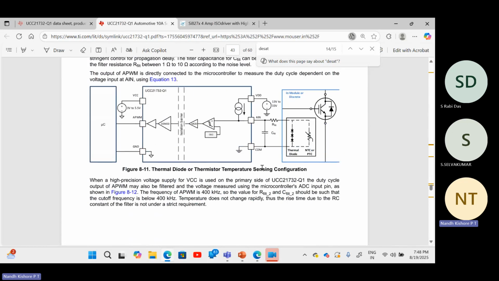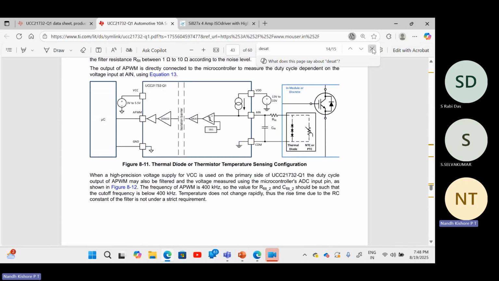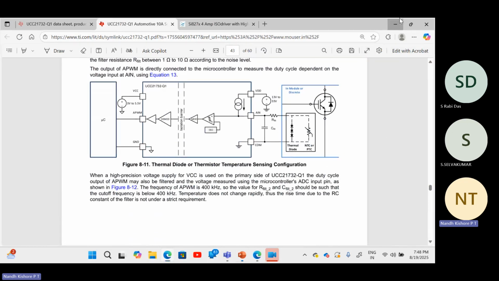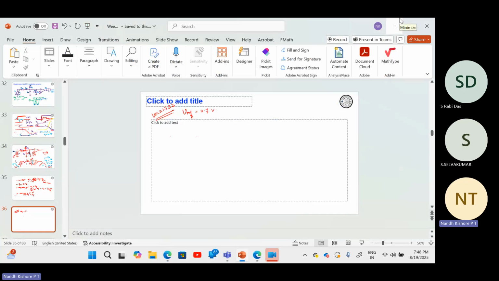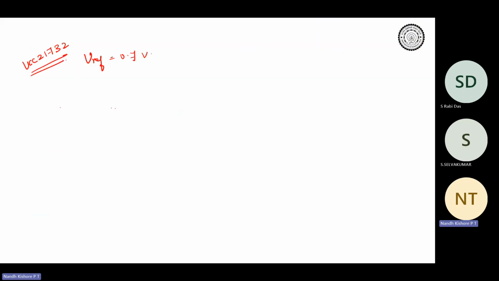You can go through the datasheet and see the exact value, but let's assume my I charge is around 3 milliamperes, a very low current.